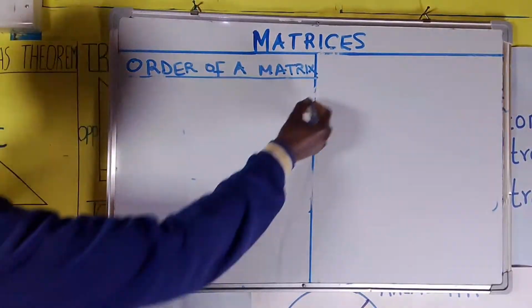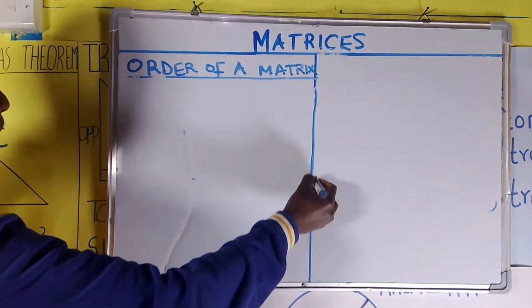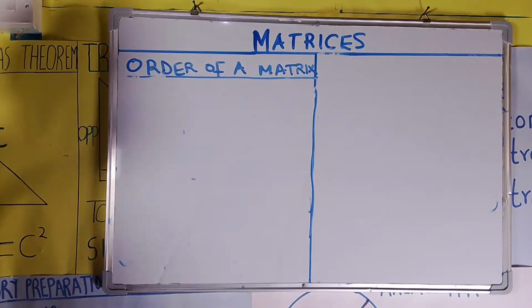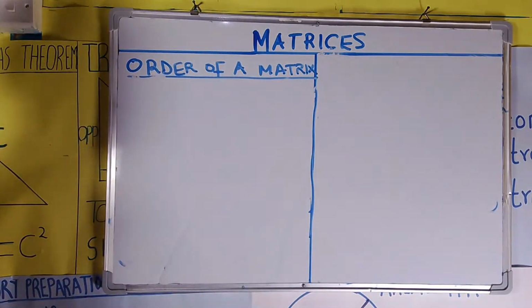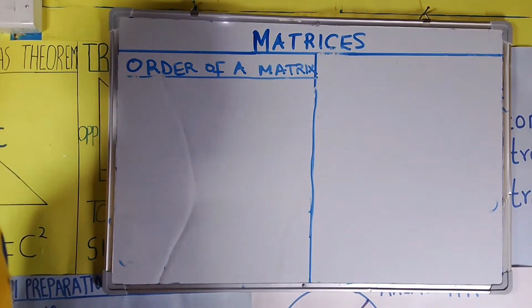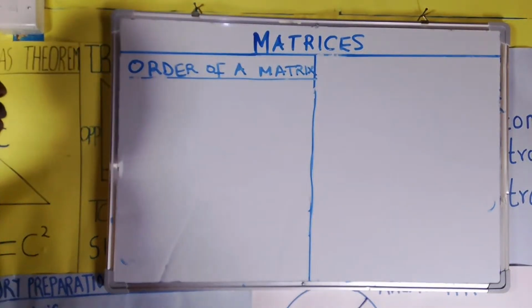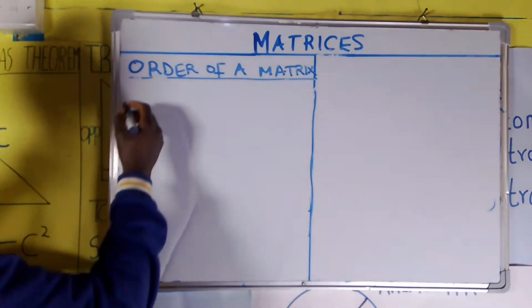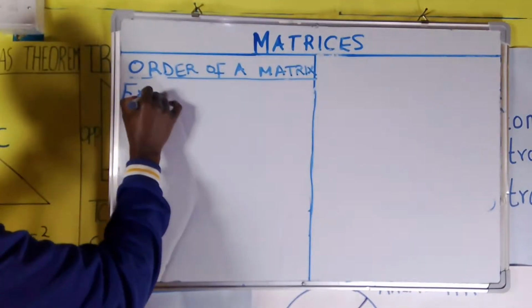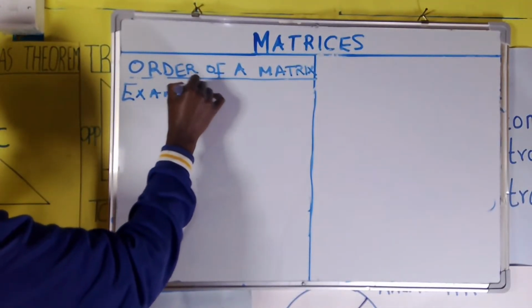Concerning the order of a matrix, to read the order of a matrix, we start from the row, then the column. Let us use an example.